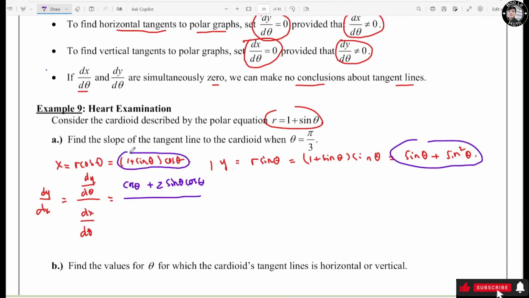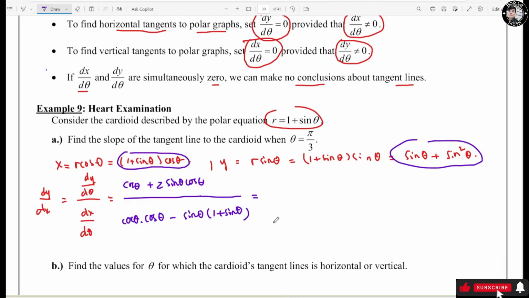So we're going to use the product rule, so it could be cosine theta times cosine theta, minus sine theta times 1 plus sine theta.